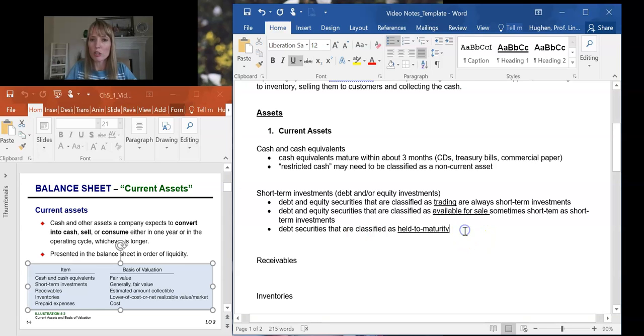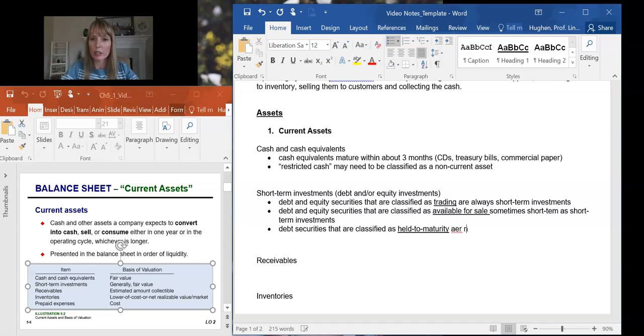Well, the company is planning to do just that, hold a bond until it matures, in which case, if you're going to hold it to maturity, then it should in almost all situations be reported as a long-term investment. Remember, bonds often have 10, 15, 20 or more year maturity periods.